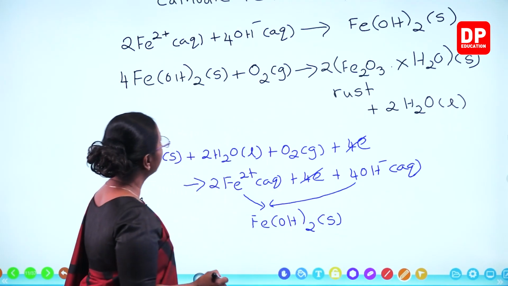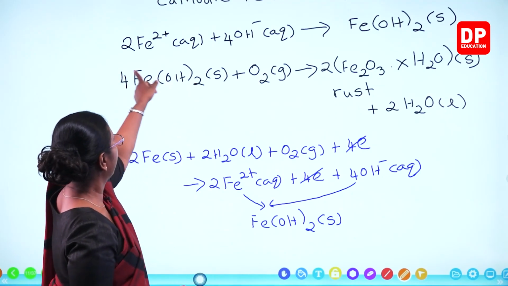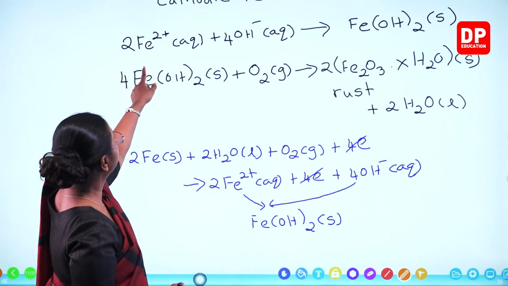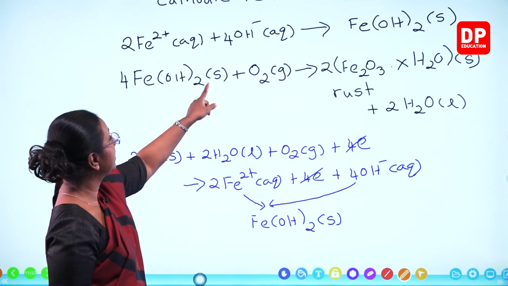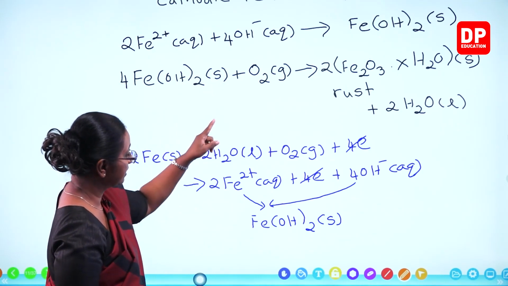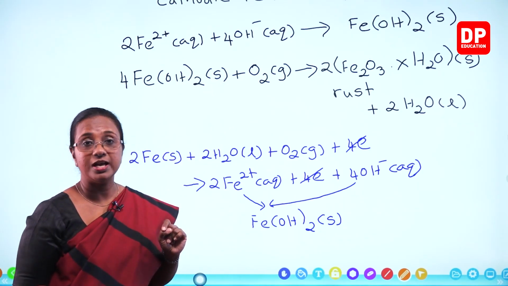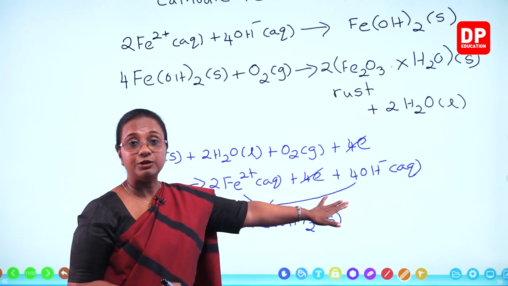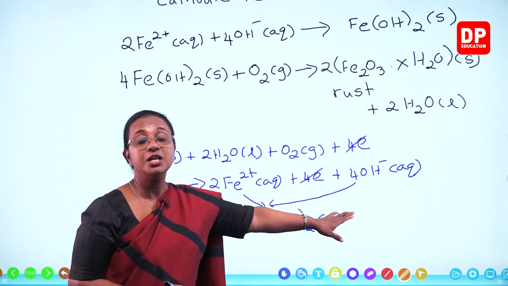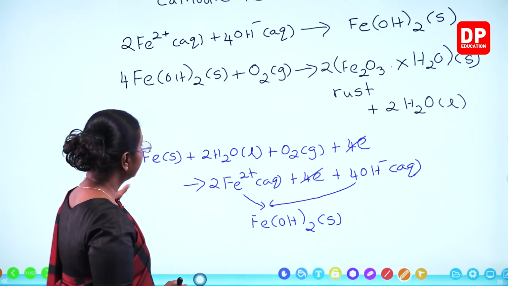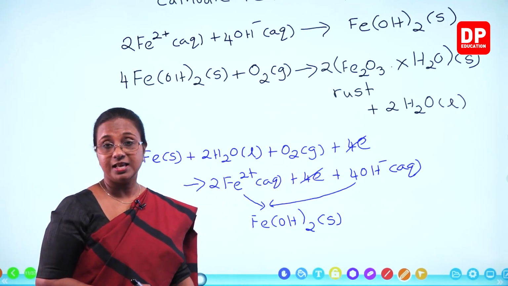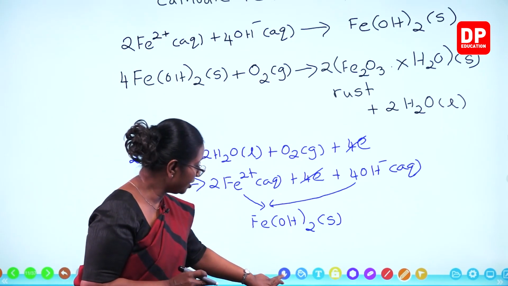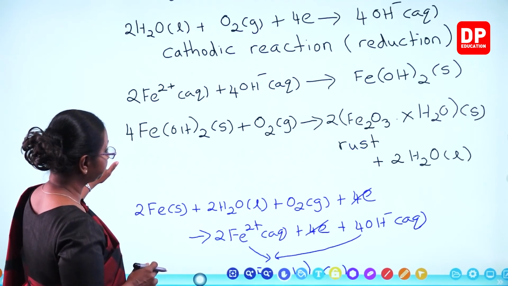So that is what I have written here. I have just shown the two Fe2 plus ions combining with 4 OH minus ions to form Fe(OH)2 solid. But if you are to write the complete equation, that is the cell equation occurring during rusting, we have to use this equation. So I am sure you all can understand that.